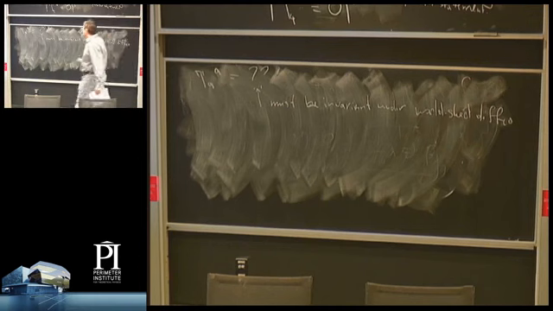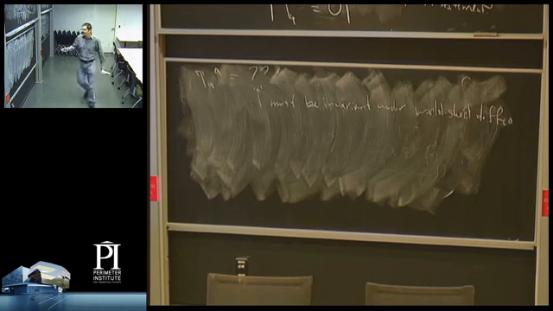The second point is that the stress energy tensor has some scaling dimension. So the scaling dimension on the left-hand side must be equal to the scaling dimension on the right-hand side.